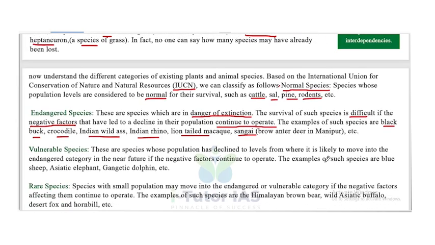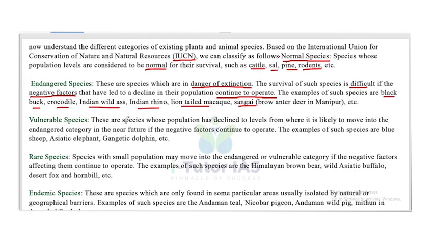Now the third one is vulnerable species. These are species whose population has declined to levels from where it is likely to move into the endangered category. They may go into the endangered category if the negative factors continue to operate.